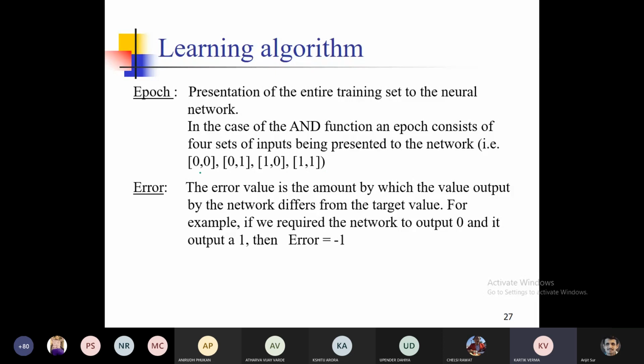If you complete all input combinations, it's called one epoch. But it doesn't mean it always gives you the desired weights for the desired result, so you have to do many epochs. Now the error: the error value is the amount by which the value output by the network differs from the target value. For example, if you require a network to output 0 and it outputs 1, then the error is minus 1.